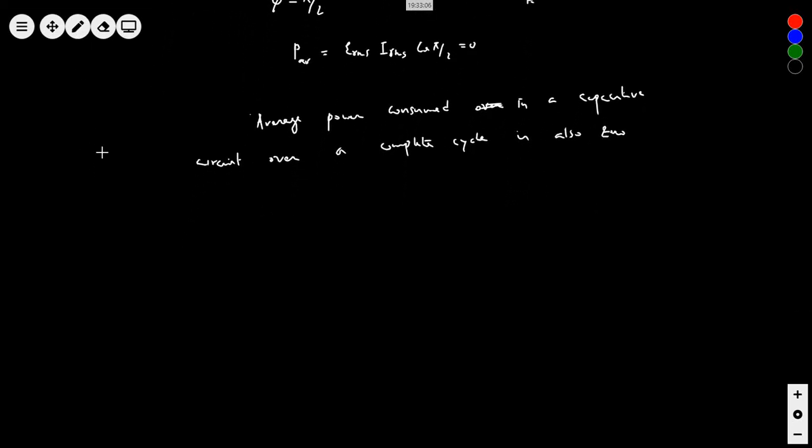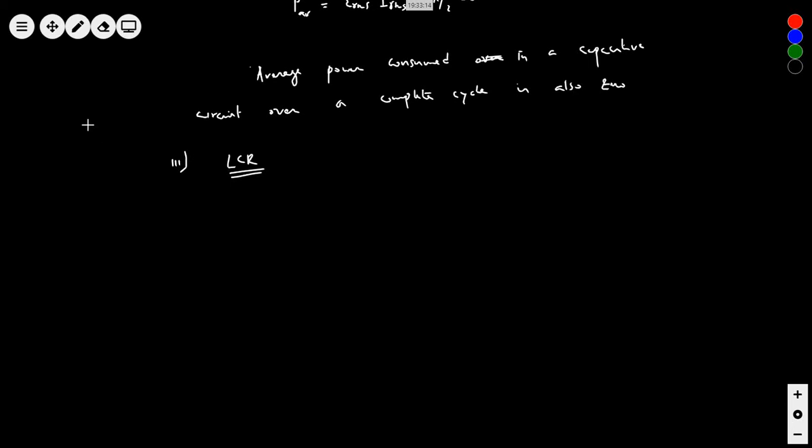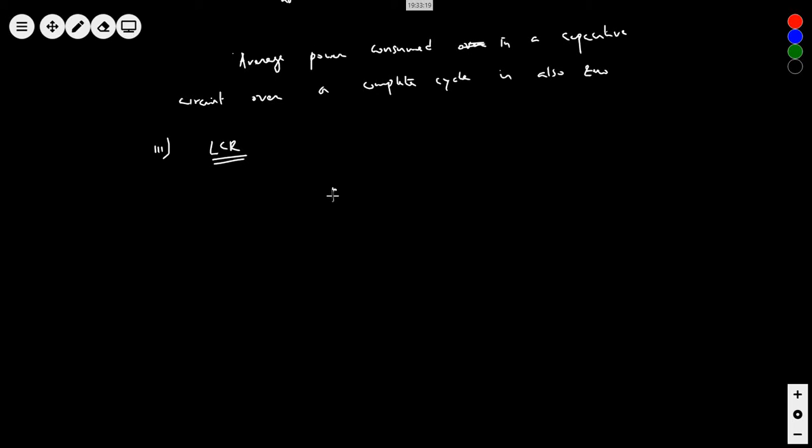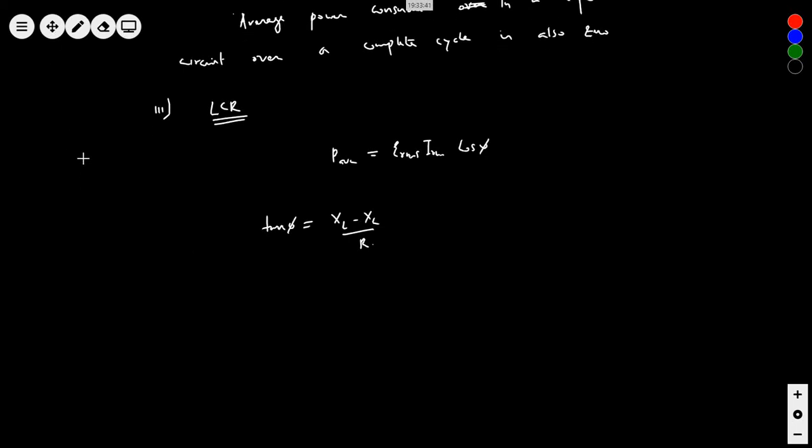Now comes the series LCR. In case of LCR, let's see what phi was. As we know, average power is ERMS into IRMS cos phi. We have found out tan of phi was XL minus XC by R. If you remember the diagram, from the diagram we can write that.